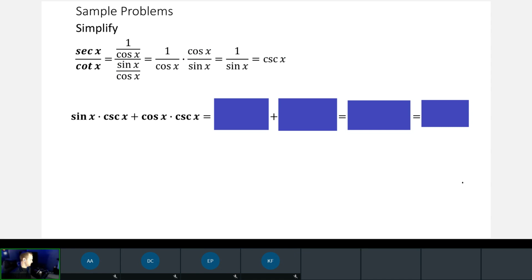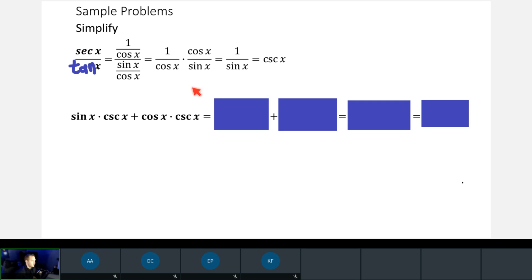Okay, so I intended this problem to actually be a tangent. All right, so I meant for this to be a tangent of x. And then there's the work for that.